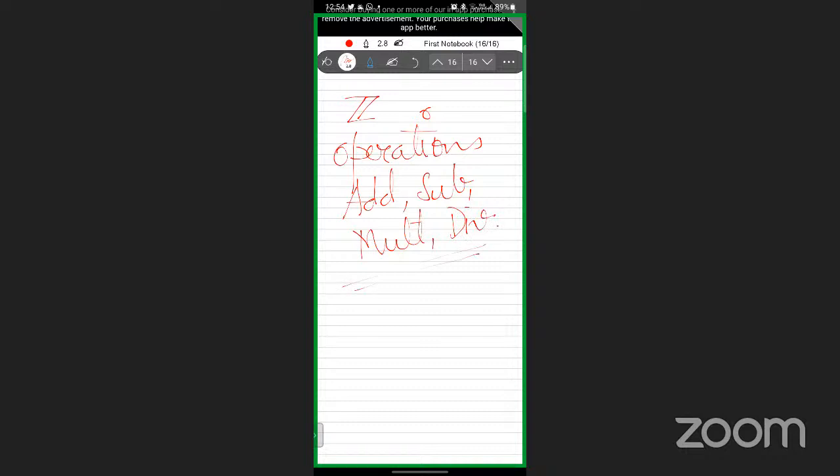Now, if you are given any abstract set, for example, in quantum computing we are talking about states, and I have the set of all states. This is absolutely an abstract set.